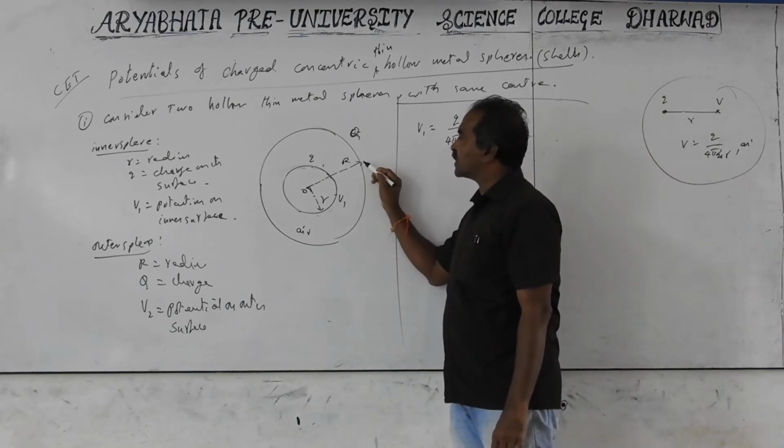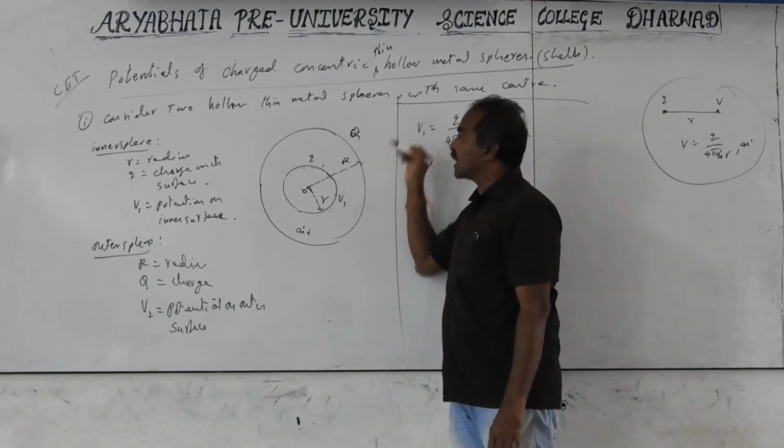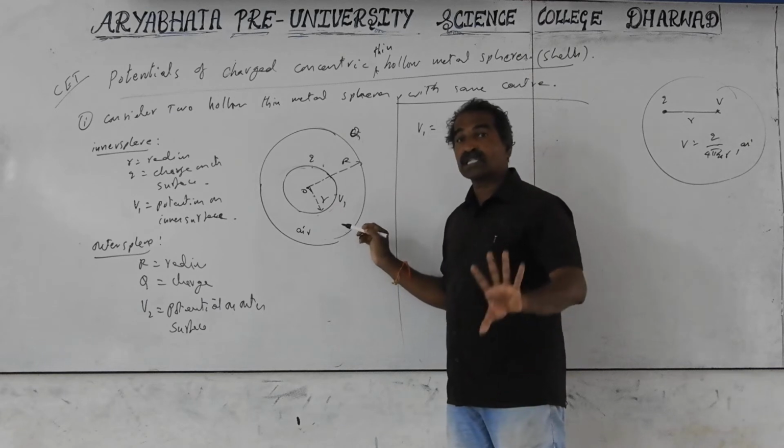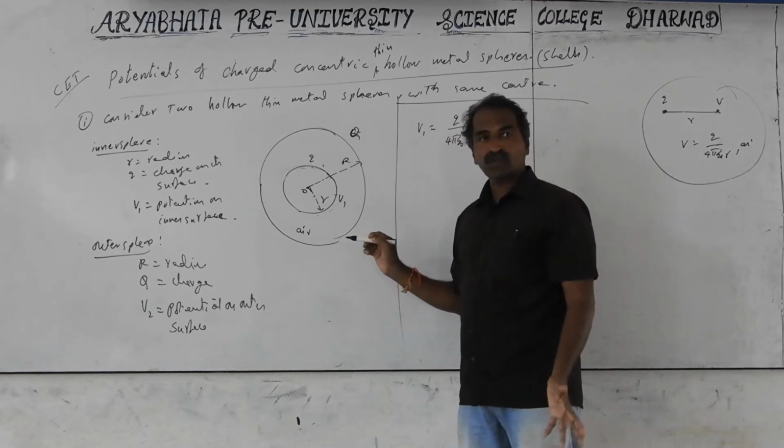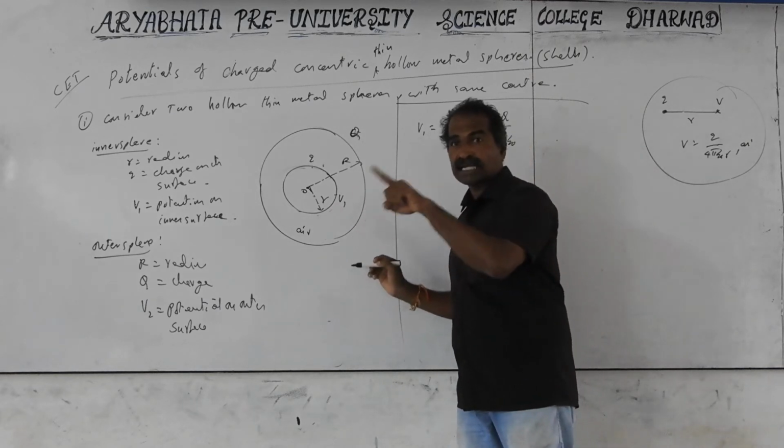So the potential on the inner sphere due to this charge is the same as on the surface. Everywhere potential is constant for hollow spheres and solid spheres also.